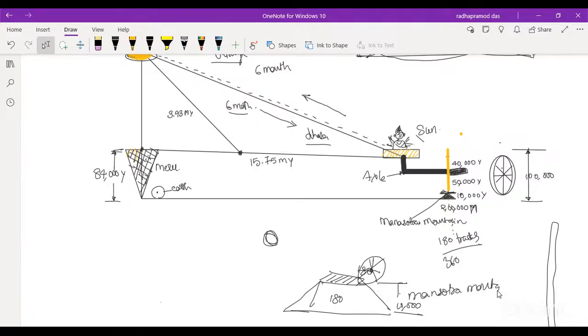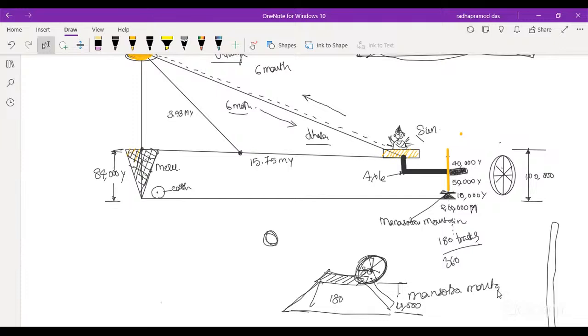And then the tracks. There are 180 tracks. Wait, are they concentric tracks going around? No, they are on the top, straight. But if they're straight, I'm having trouble conceiving the tracks, because Manasottara mountain is a concentric configuration around Bhumandala, right?